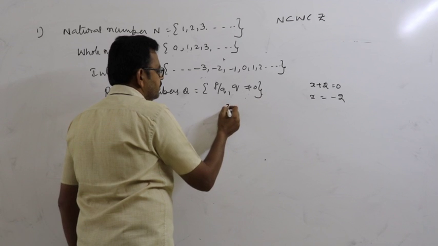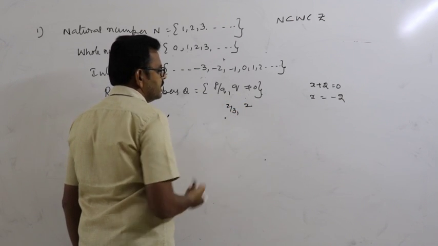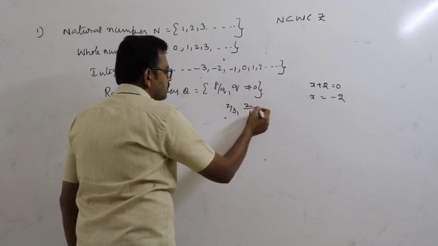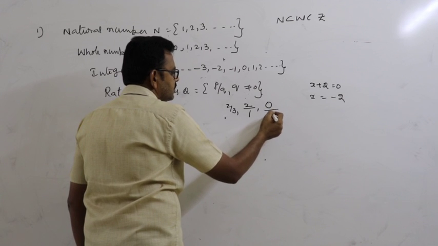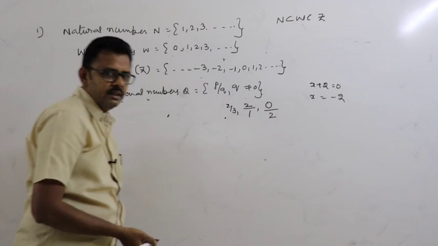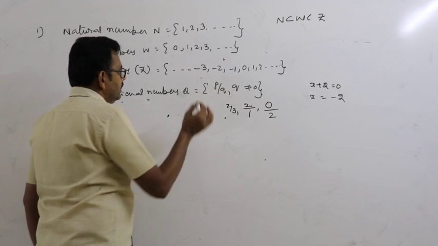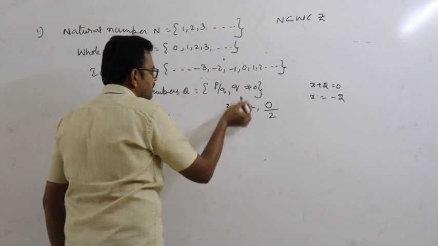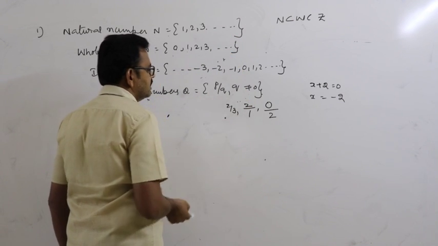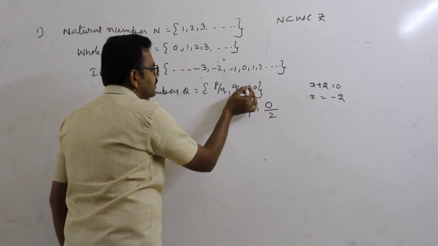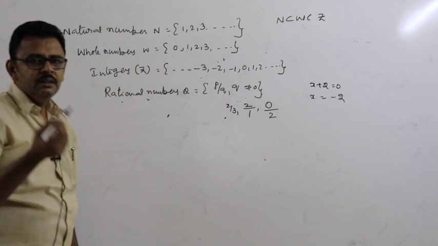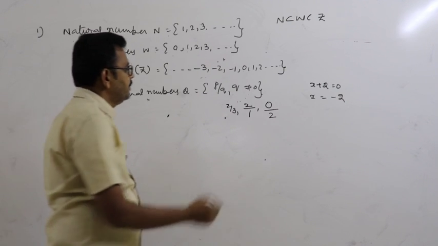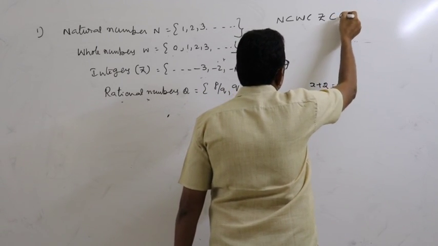For example, 2 by 3 is a rational number. 2 is also a rational number because 2 can be written as 2 by 1. 0 is also a rational number, 0 can be written as 0 by 1 or 0 by 2 or 0 by 3. So every natural number, every whole number, and every integer is also a rational number. What is the condition? p by q form where q is not equal to 0. That means there is a chance for p to be 0 but q is not equal to 0. So compared to these, this is the big set.